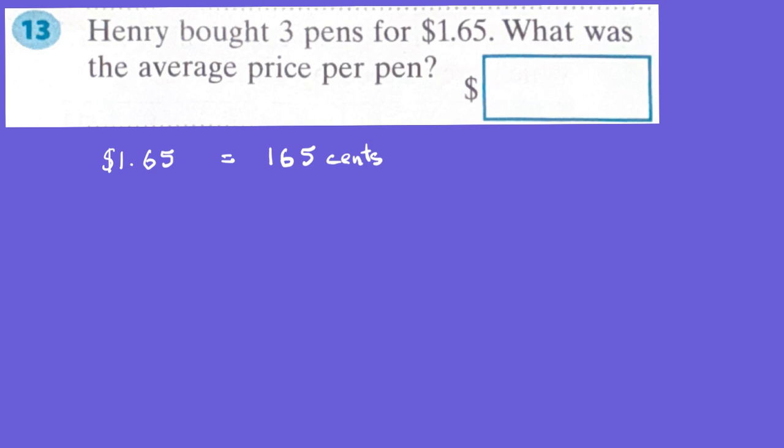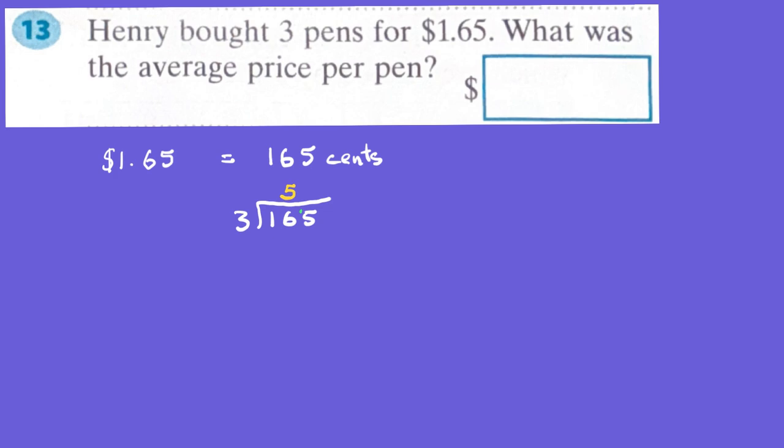Now, we've got 3 pens. Can we divide 3 into 165? 3 into 1 doesn't go, but 3 into 16 will go how many times? 5 times. Our leftover is 1, because 3 times 5 is 15 and there's 1 left over.